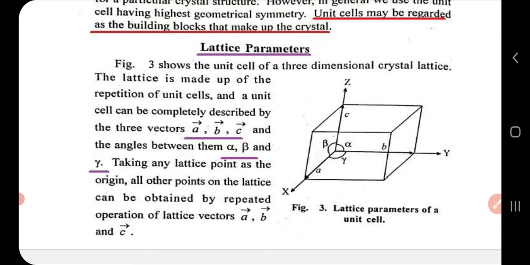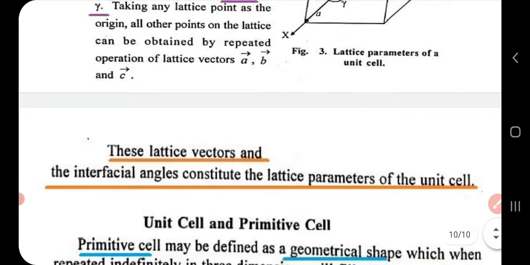So in order to describe a unit cell completely, you need lattice vectors A, B, C, as well as the angles between those lattice vectors, namely alpha, beta and gamma. These lattice vectors and the interfacial angles together are called lattice parameters. So in order to describe a unit cell completely, you must have knowledge about lattice parameters.